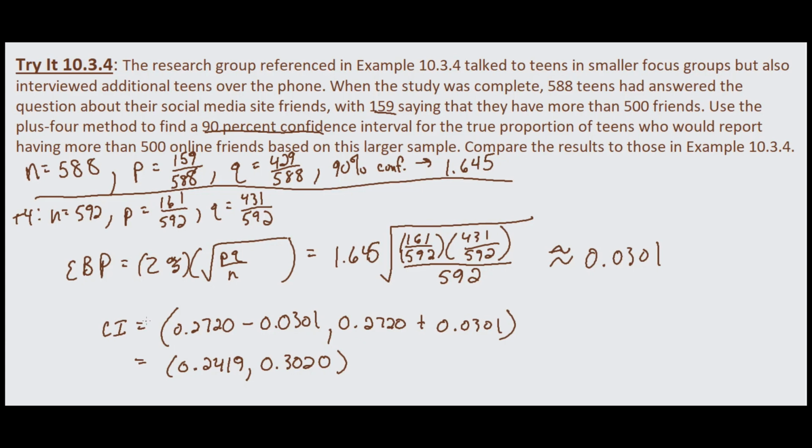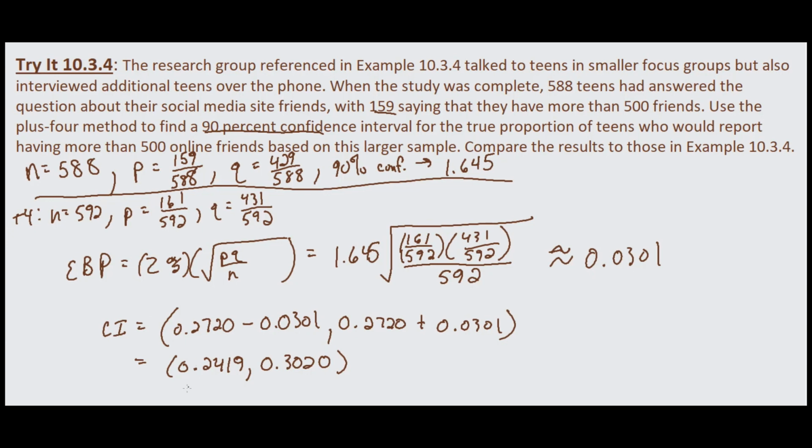And if we compare that to our result from example 10.3.4, which only had a sample size of 50, we went from a sample size of 50 to, with our +4 method, a sample size of 592. It extremely narrowed that confidence interval.